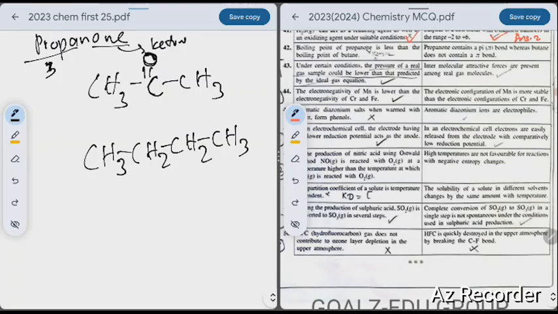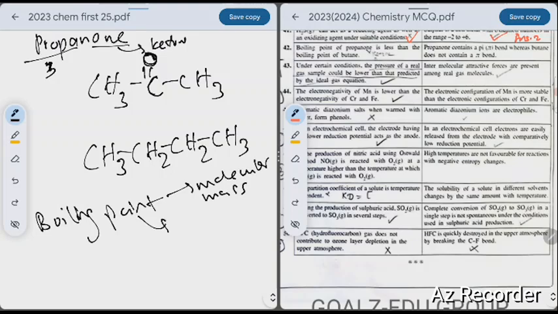So when we consider the boiling point, we have to consider 2 factors. One is the molecular mass and the other is the intermolecular interactions. Now, how about the molecular masses here? Here we have 3 carbons, so 3 times 12, 36. Then 6 hydrogens and O, 16.